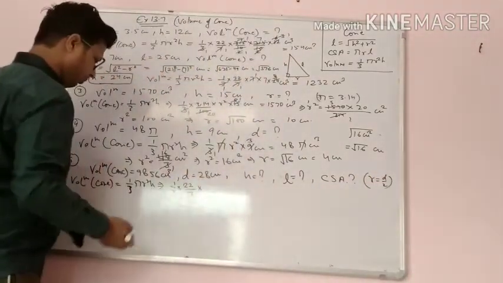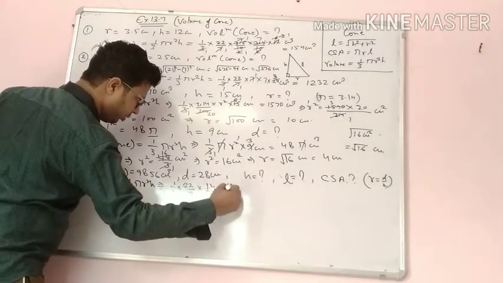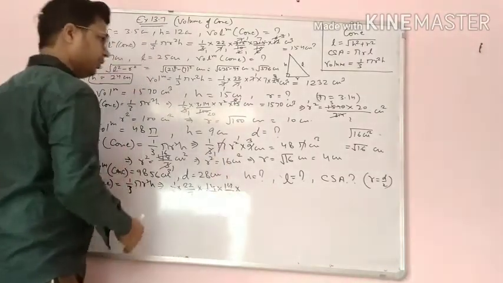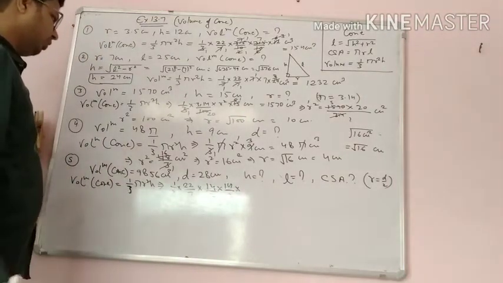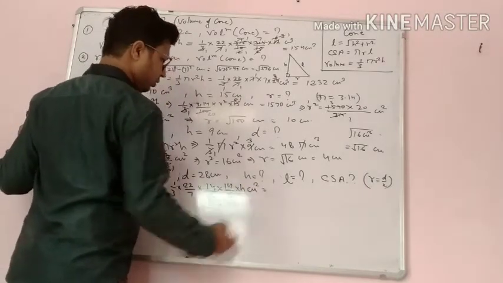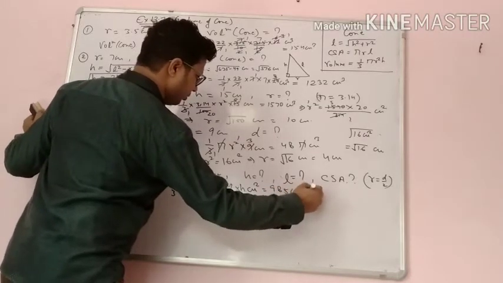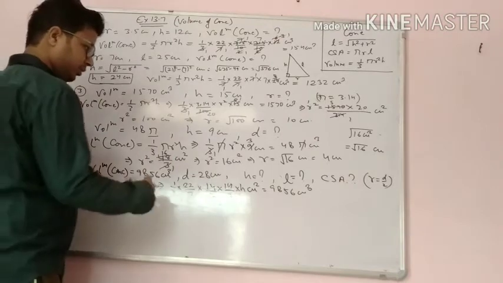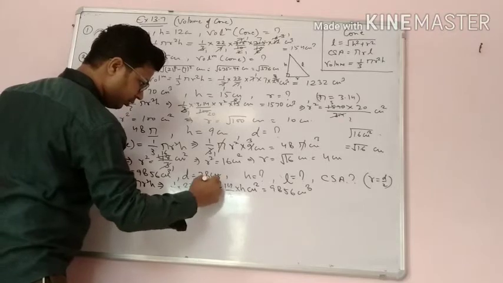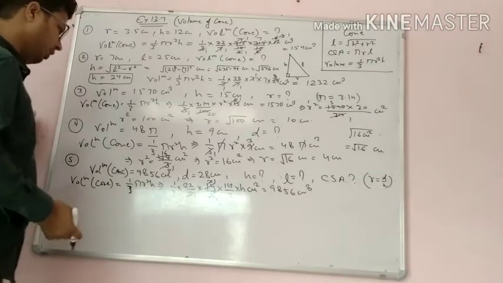So I am writing here r square as 28/2 multiplied by 28/2 into h. h is unknown, equal to 9,856 centimeter cube. If I want to cancel them, 7 1 is 7, 7 2 is 14, 2 1 is 2. Clear about it?